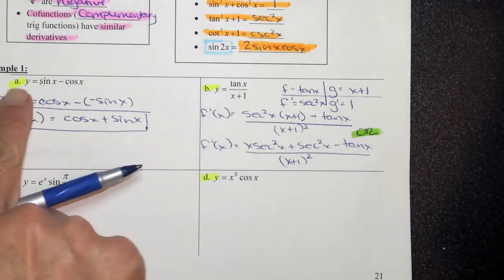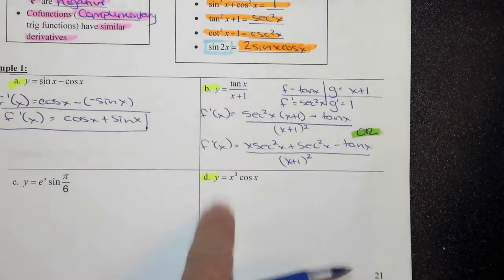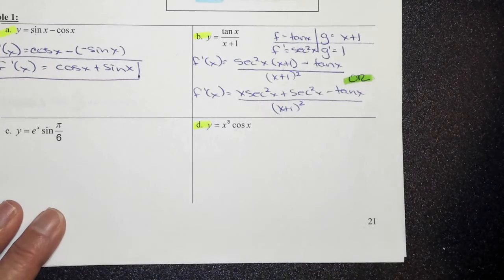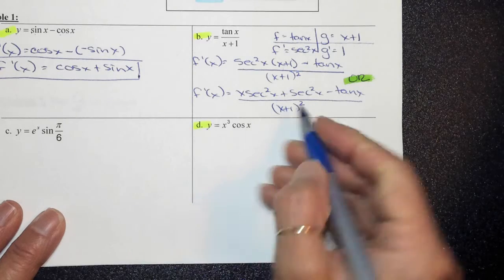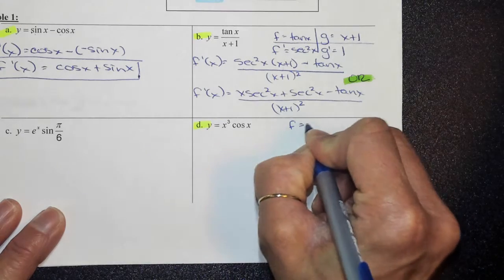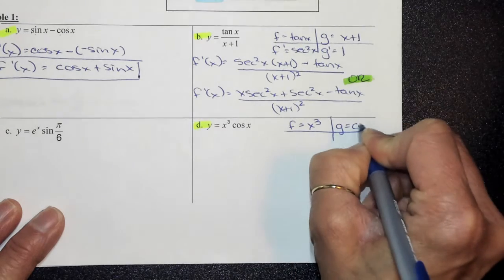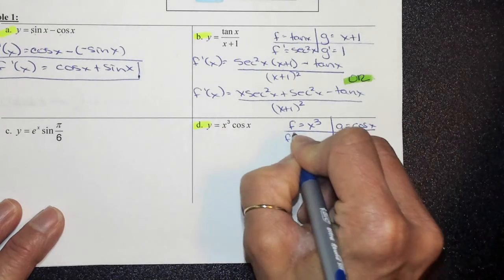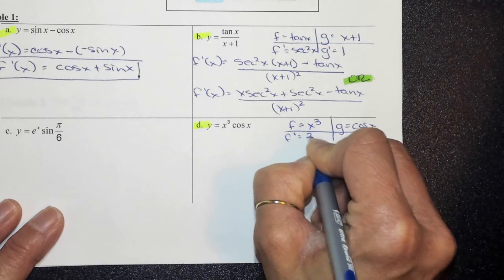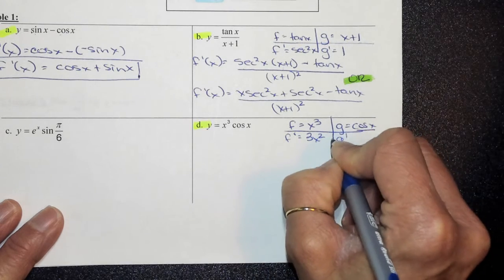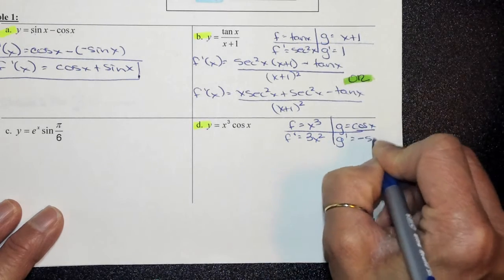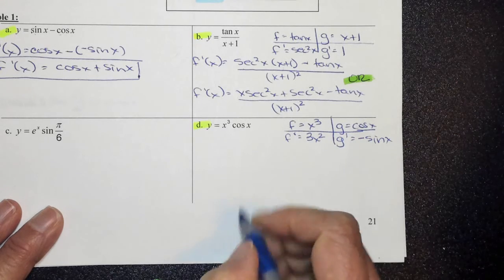So I did a quotient rule, now I'll do a product rule. When we have a product rule, remember this is just fig-figgy, so we're going to say that f is equal to x cubed, g is equal to the cosine of x. So now we'll say f prime, using our power rule, is 3x squared, g prime is negative sine of x, and now we'll use our rule.